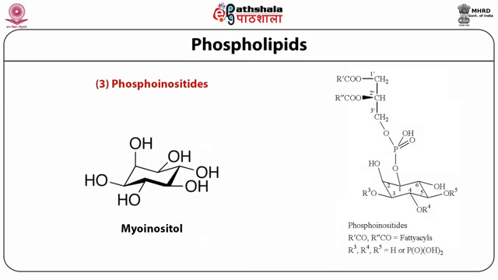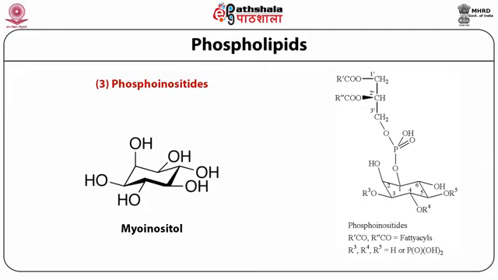Phosphoinositides are derivatives of alpha phosphatidic acid without nitrogen but contain inositol. Inositol is a sugar alcohol. Myoinositol is the best known member of this group as it is widely distributed among microorganisms, plants and animals, often as a phosphorylated form.